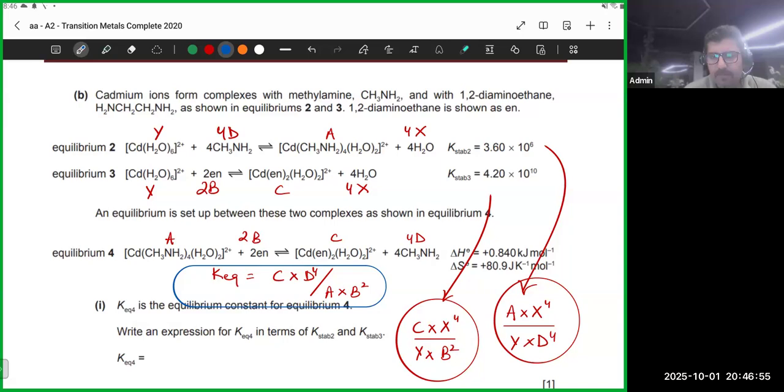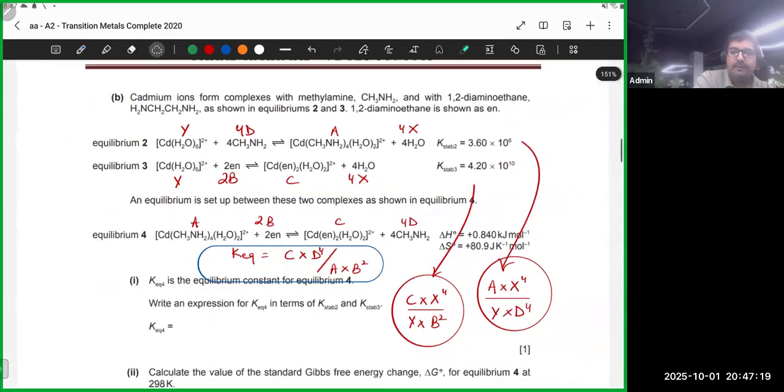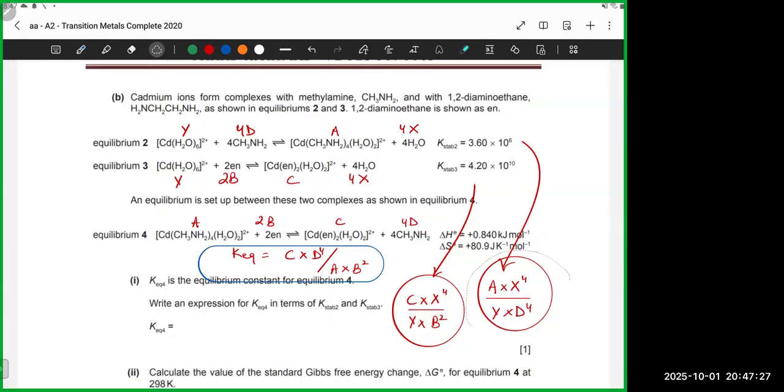How can I use K stab 2 and K stab 3 to give you the equilibrium expression for equilibrium number 4? Ibrahim, what will you do? Do you understand the question, Isaac? A bit.